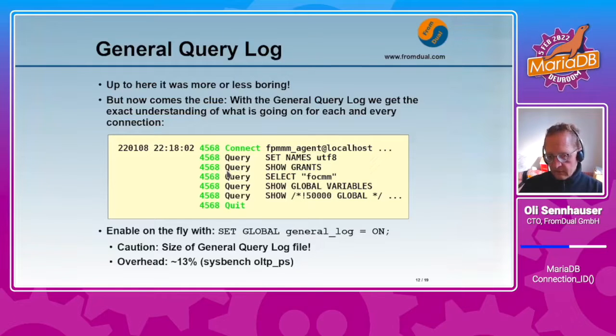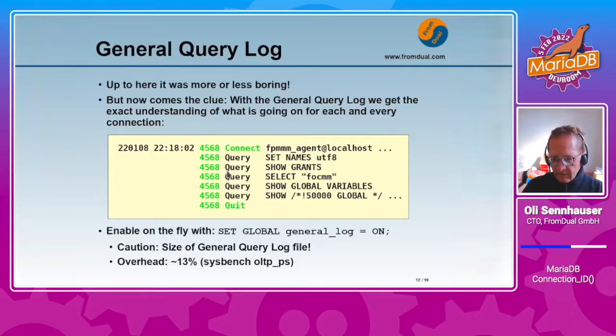Some of our customers ask us, what about the overhead? What about the performance impact of the general query log? I could never clearly answer that, so I did a little benchmark with sysbench OLTP point select, which is a read-only, very fast benchmark.